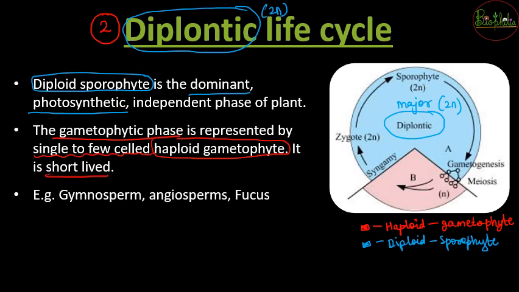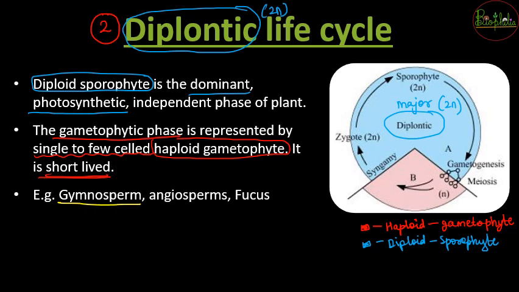And it is short lived, because the life cycle is diplontic and the diploid phase is going to be the majority of the time. So who is going to exhibit this diplontic life cycle? It is going to be shown by the gymnosperms.